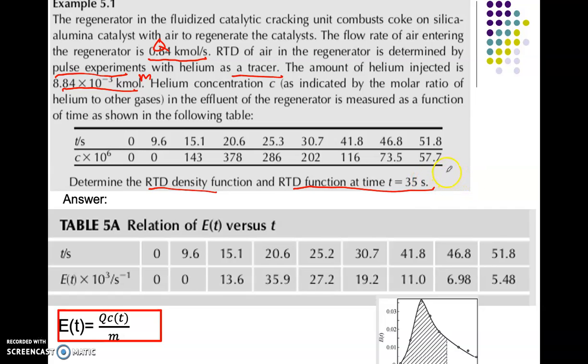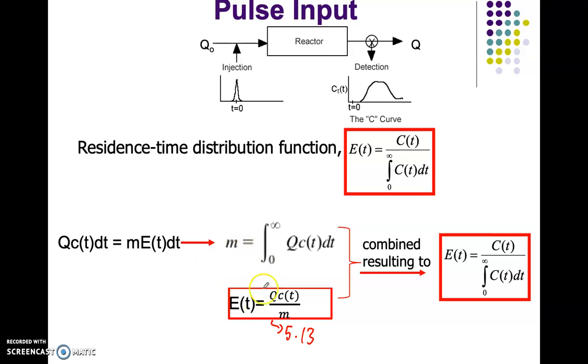In other words, they want you to determine the RTD function, which is E(t), at t equals 35 seconds.